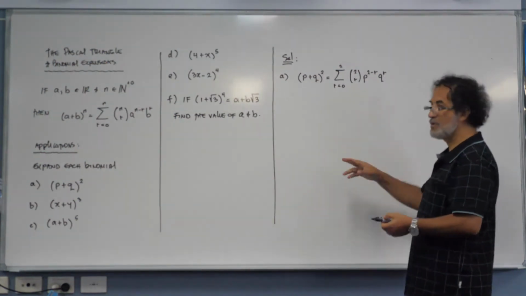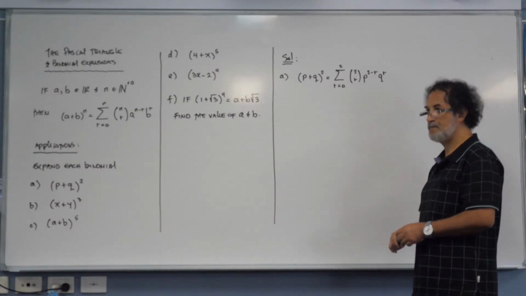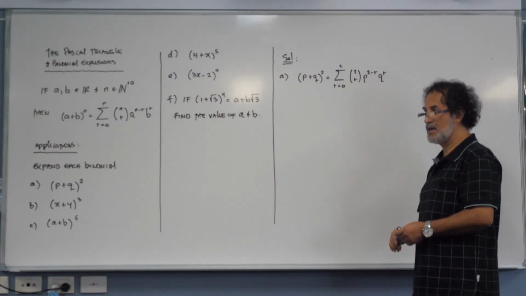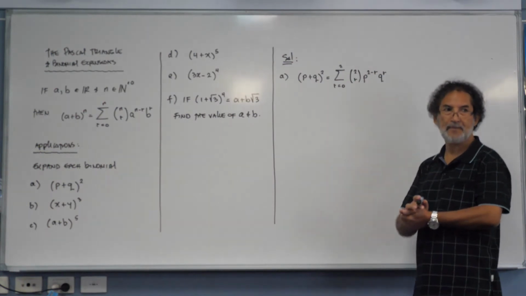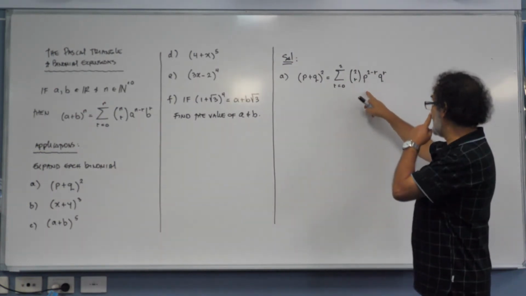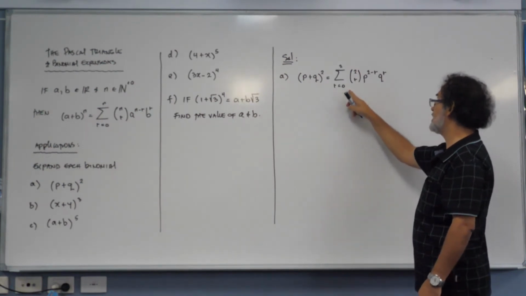I'm going to wait for you to copy this. All right, now we're going to expand this. In here they say that we're going to go from 0 to 2.